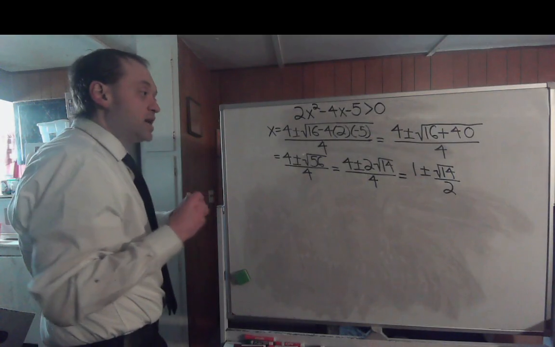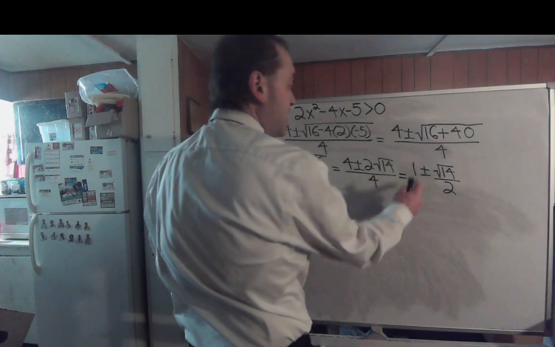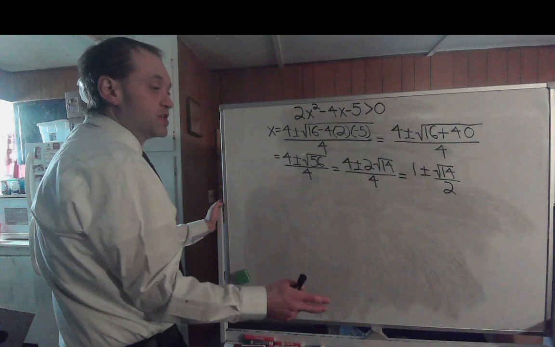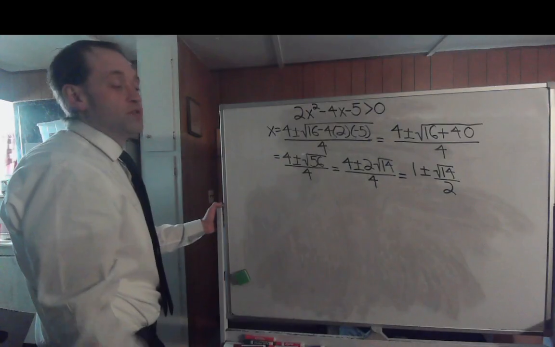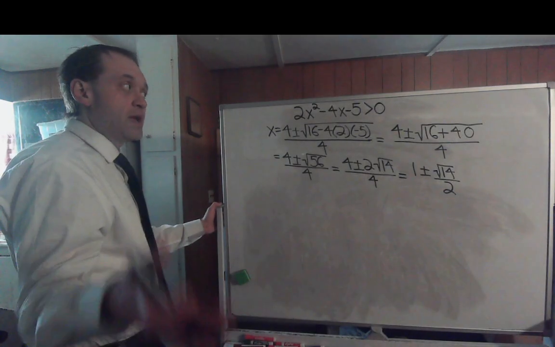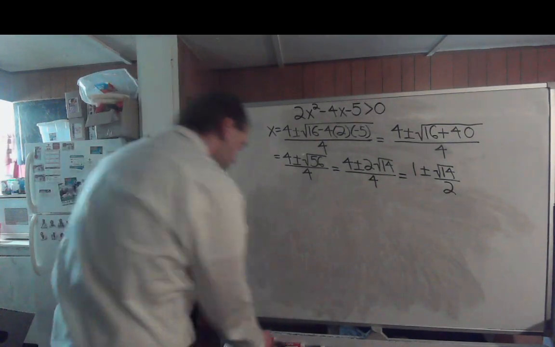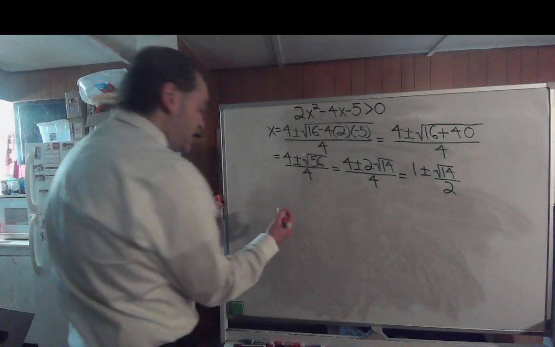Now keep in mind, these are two different solutions. You have 1 plus the square root of 14 over 2, then you have 1 minus the square root of 14 over 2. But we're still going to treat this the same. We are going to set up our number line here.